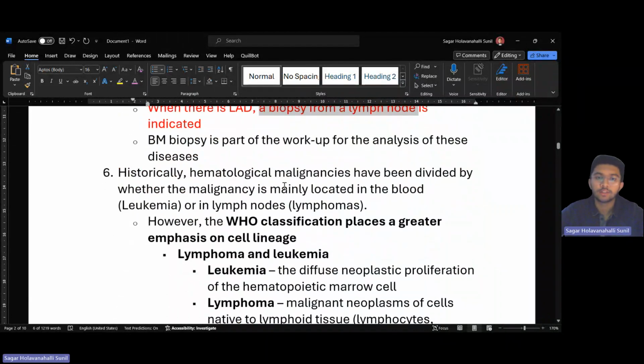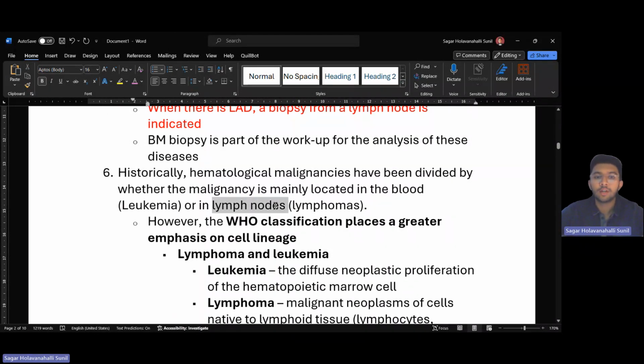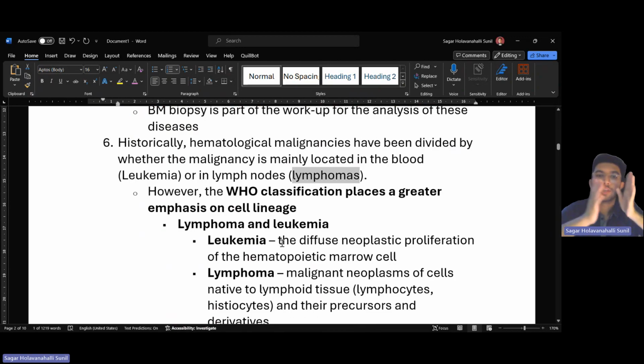Now, historically, the classification was based on whether the malignancy is in the blood, and that is called leukemia. So you have emia, which denotes blood, or you have malignancies affecting the lymph nodes, which is then called lymphomas. So understand that leukemia means there is a neoplastic proliferation of the hematopoietic marrow cells, and this is getting into the blood.